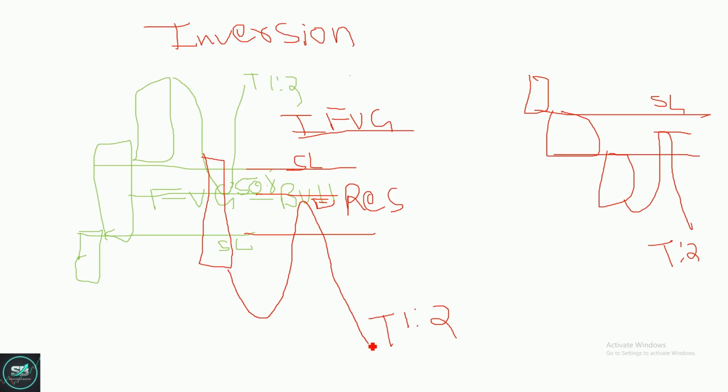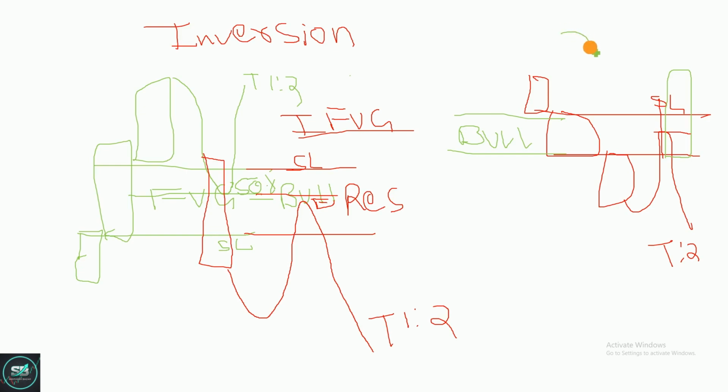But sometimes what happens is, instead of testing this 50% of the zone, price will directly close above this bearish FVG. When price closes above this bearish FVG, it is going to act as a bullish FVG.